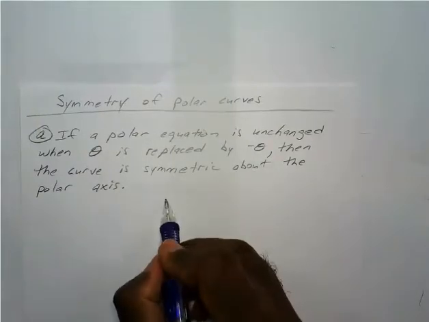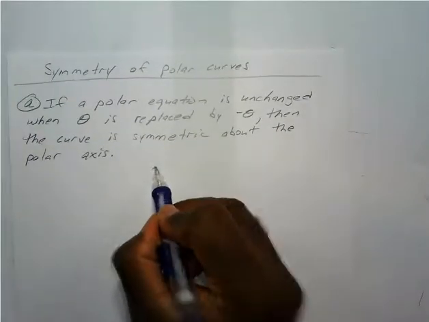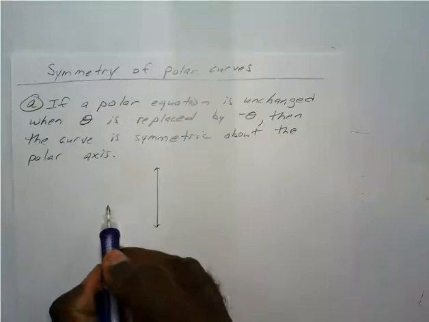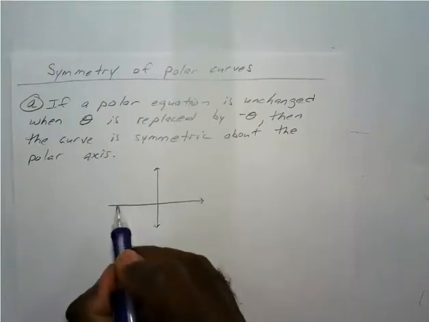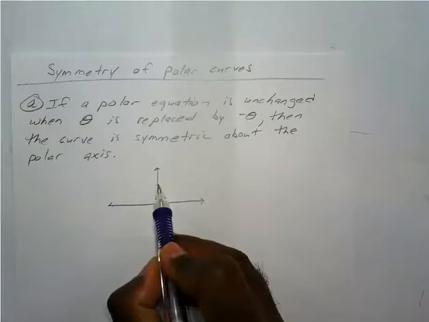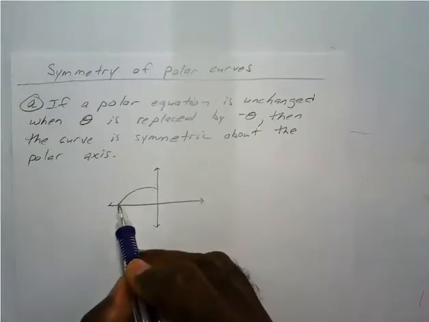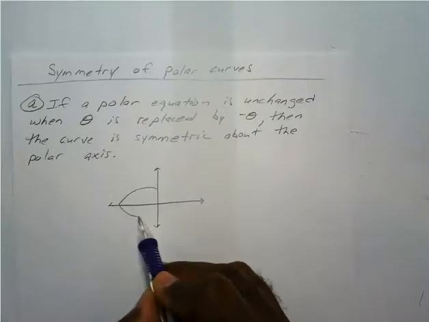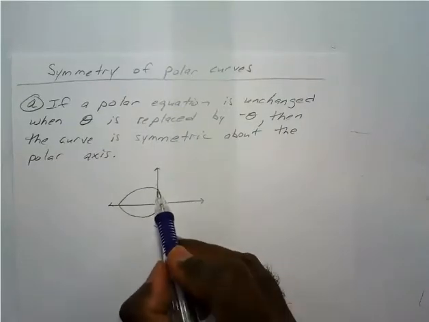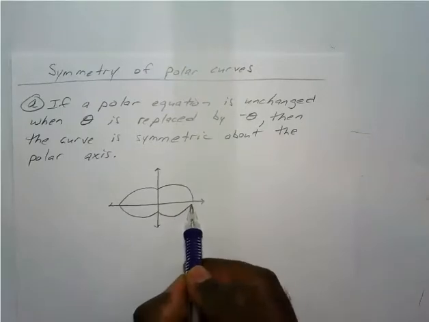So how that would look, okay, we have our x and y axis. Let's say our graph looks like this, the thing looks like this here.